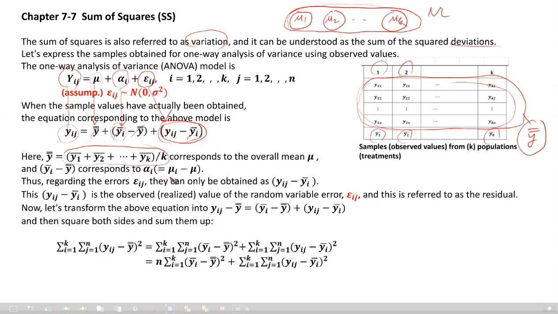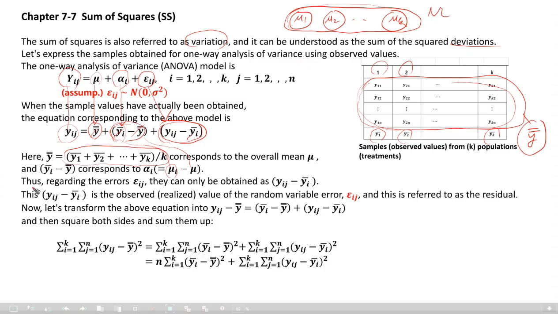Alpha i is mu i minus mu. Mu i is yi bar, and mu is y double bar. So in other words, y double bar is an estimate of mu, and yi bar minus y double bar is an estimate of alpha i.